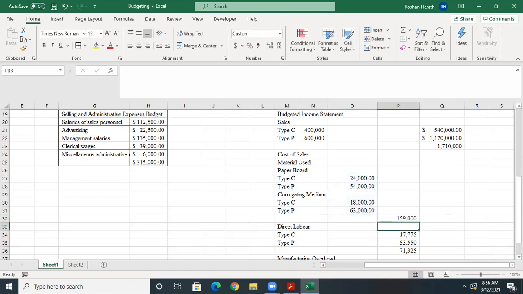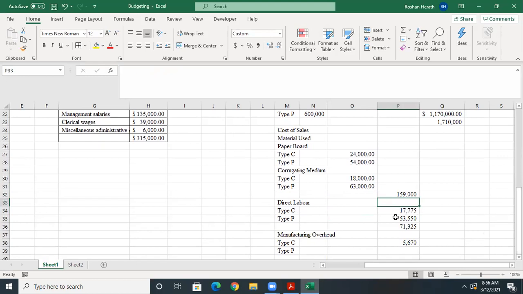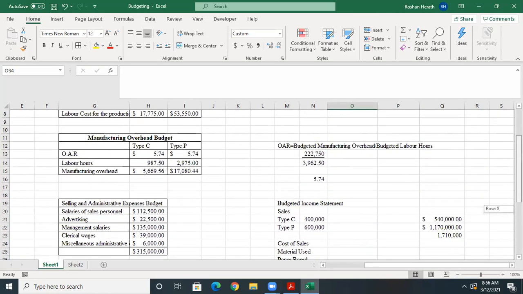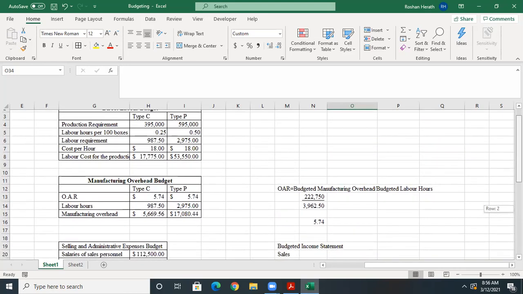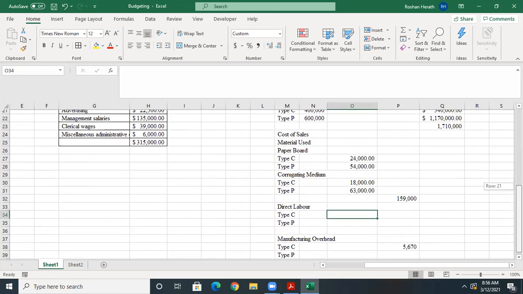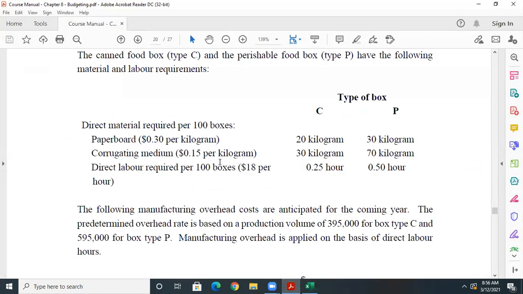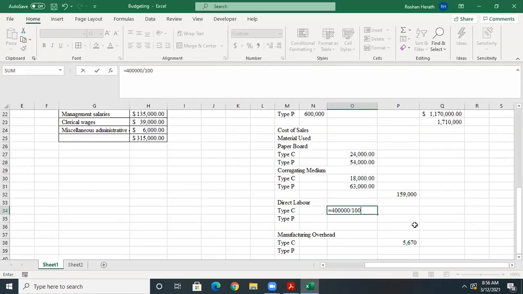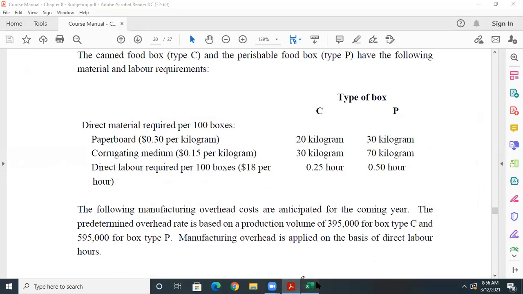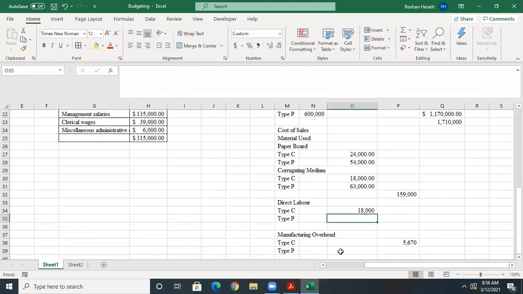Here comes the material cost. The same can be done for the labor again. So we made a mistake over there. When it comes to the labor for type C, you need to produce 400,000 units, but you usually produce them in 100 quantities, and to produce 100 it takes 0.25 hours, and the hourly cost is $18.